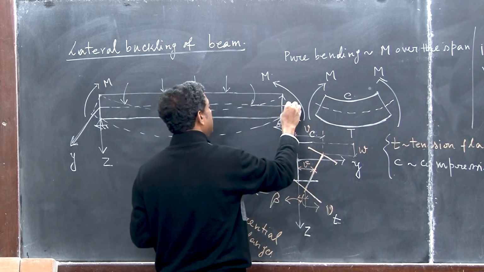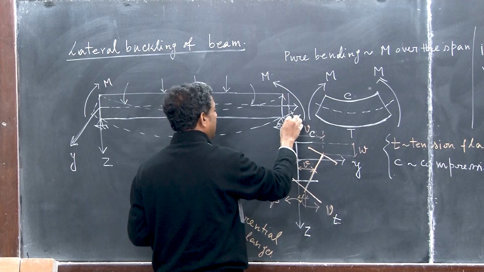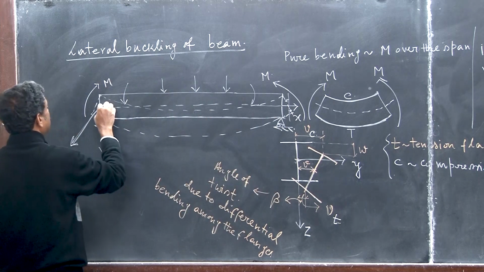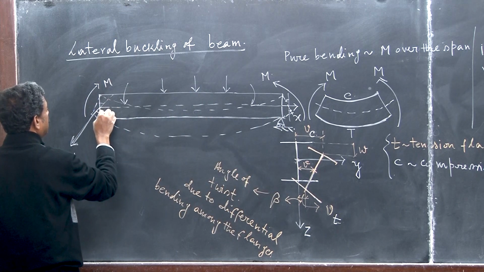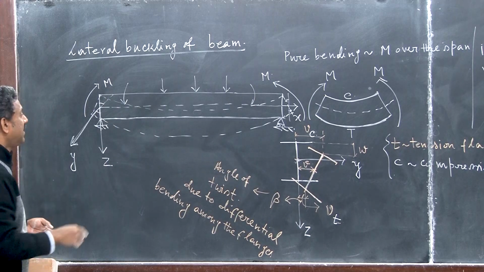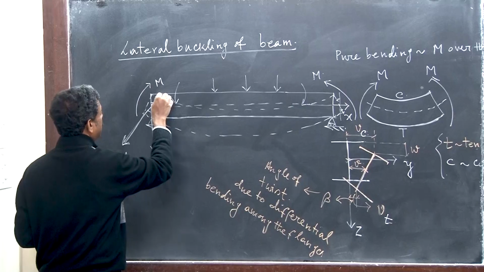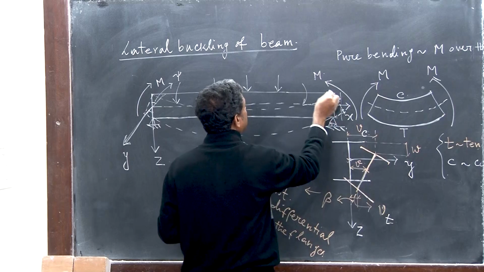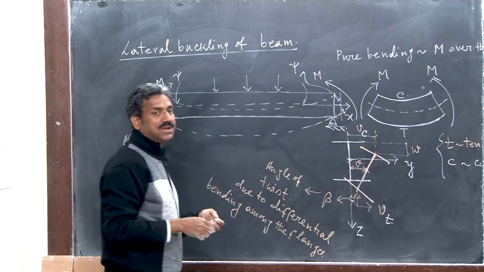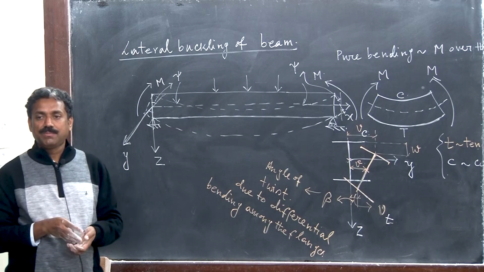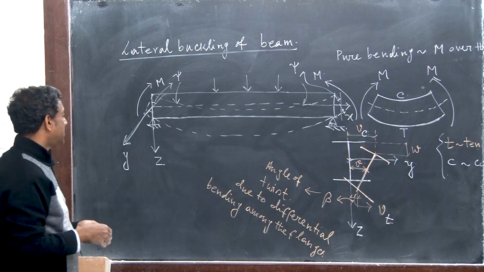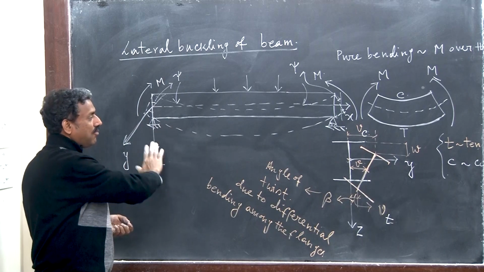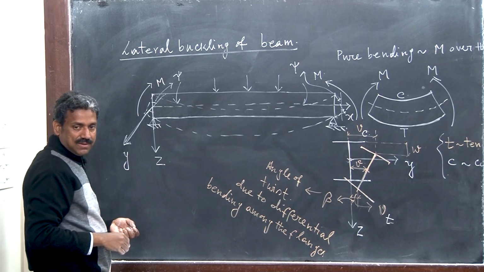You see that it was remaining vertical and then it is rotating. I define this rotation of the beam section to be psi. So psi is the rotation of the beam section with respect to the y axis, and this rotation is happening in the xz plane, right?